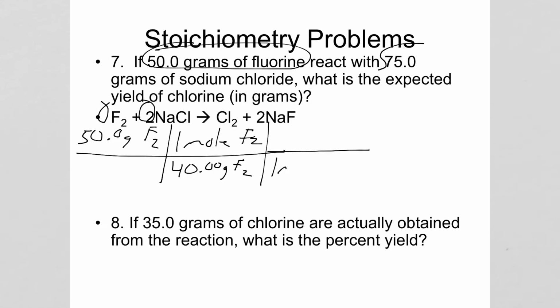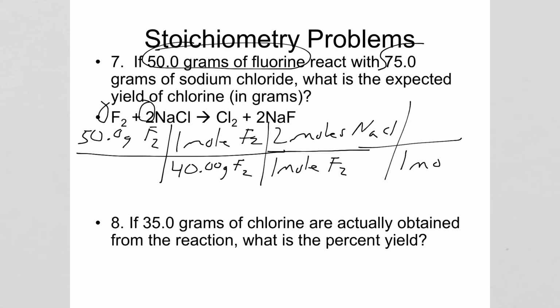So we're going to put 1 mole of fluorine down here on the bottom, 2 moles of sodium chloride on top, and then our final step is going to be to convert to grams. So 1 mole of sodium chloride. We need to put the molar mass of sodium chloride up top here, and that's going to be 58.44.